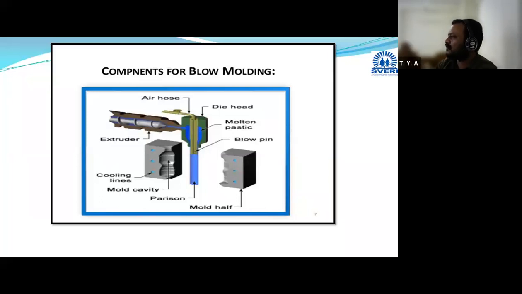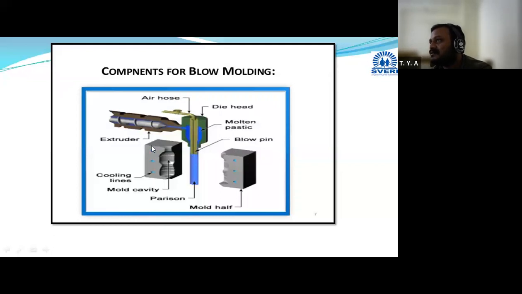Suppose for manufacturing a plastic bottle we are using PET material. It will be in the form of a tube, and we have already performed some preheating. That's why the name preform or parison is given. At the top side one opening will be there.